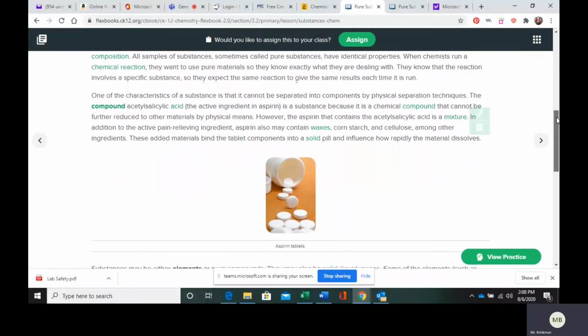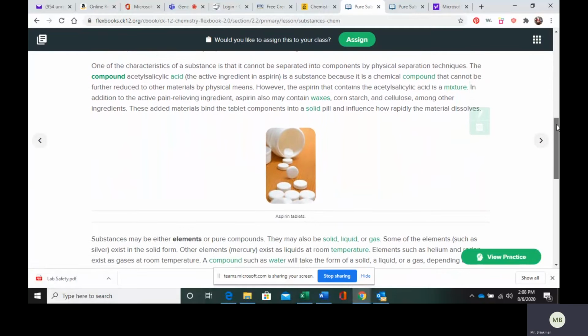So one notable characteristic of a substance is that it cannot be separated into smaller parts by physical means. Okay, it needs to undergo a chemical reaction to be separated. An example of one of these pure substances is the acid that is in aspirin.